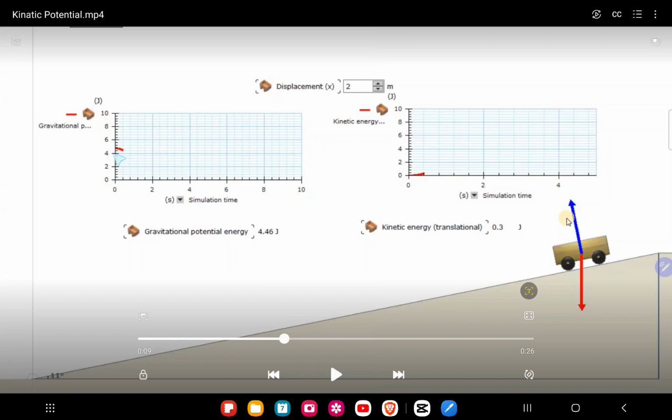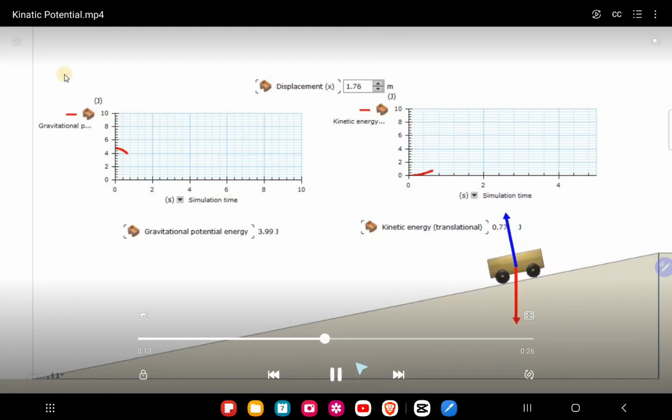In the graph here, we can see the gravitational potential energy starts decreasing, and the kinetic energy starts increasing.